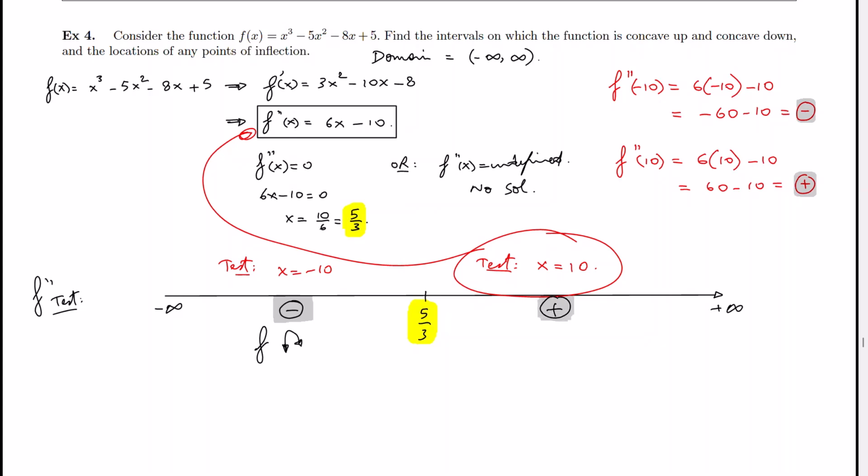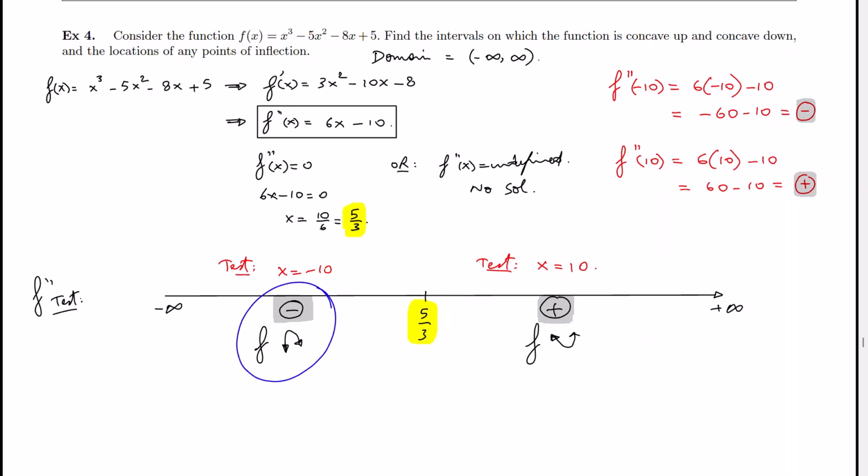And because my answer was positive, and this is the second derivative, I'll have to write down or say that f is concave up, and I'll just do a double arrow pointing up for concave up. Since the concavity went from being down to being up, that means that the number in between is an inflection point. So at x equal 5/3, we have an inflection point.